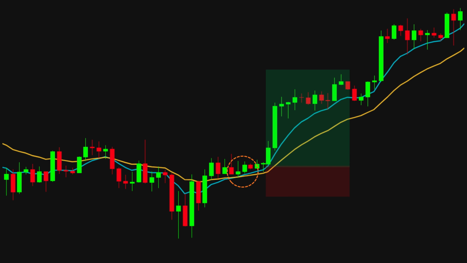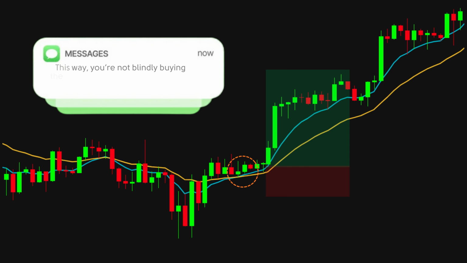Alternatively, you can trail your stop and stay in the trade as long as price continues respecting the 9 EMA, exiting only when the 9 crosses back below the 21. This way, you're not blindly buying the crossover. You're entering with confirmation, protecting your downside, and defining your upside before the trade even begins.